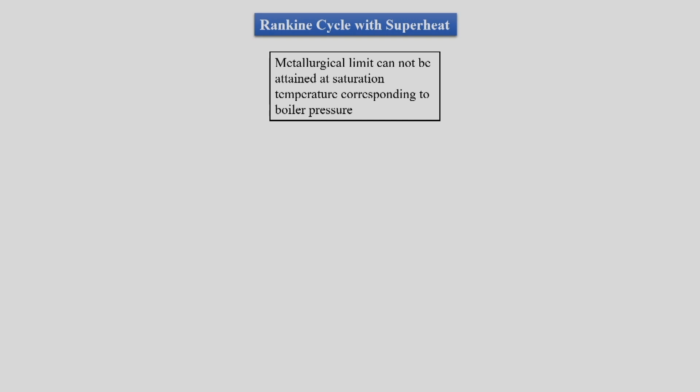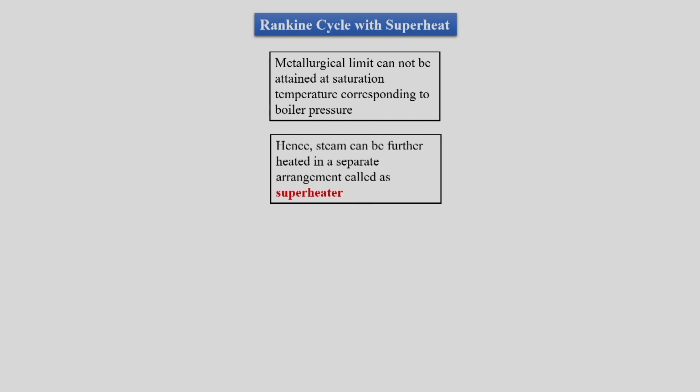We should remember one point, that there is a metallurgical limit, and it corresponds to the temperature of the materials which are engaged in handling high temperature steam. So, there are boiler and high pressure turbine elements which are exposed to this high temperature.